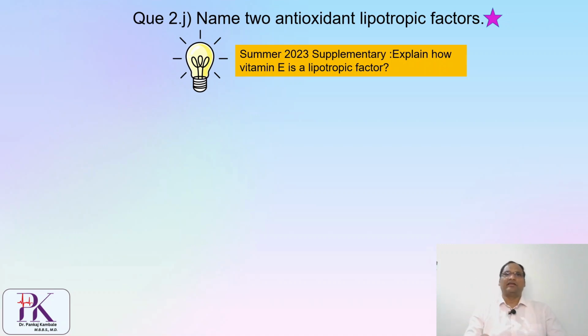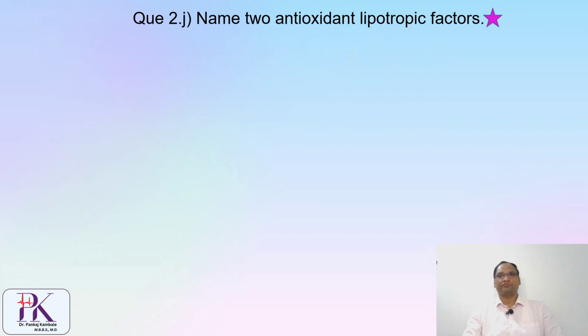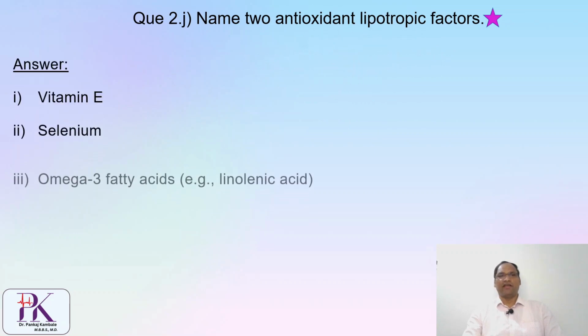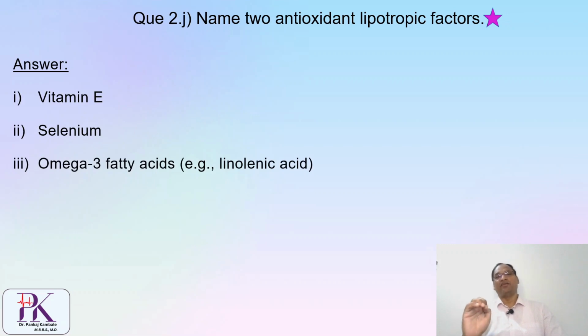So let's see the names of two antioxidant lipotropic factors. One is already there, that is vitamin E, then selenium, and omega-3 fatty acid, for example, linolenic acid. So these are the antioxidant lipotropic factors.